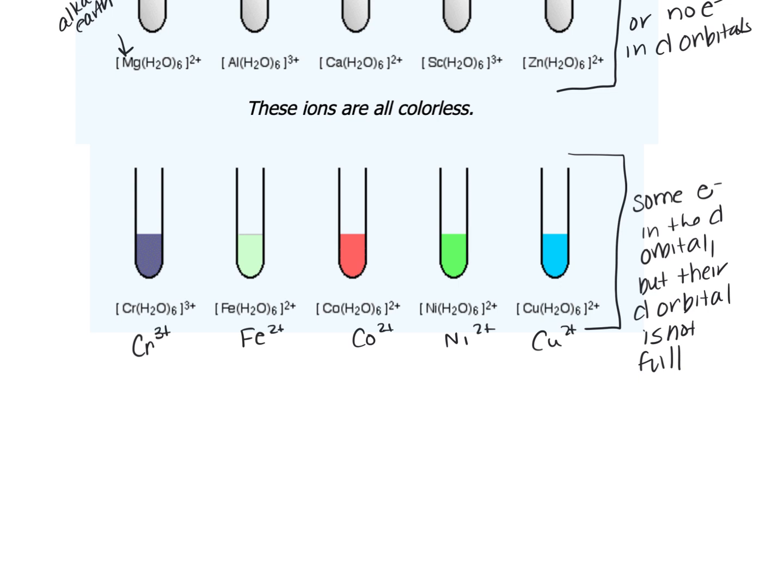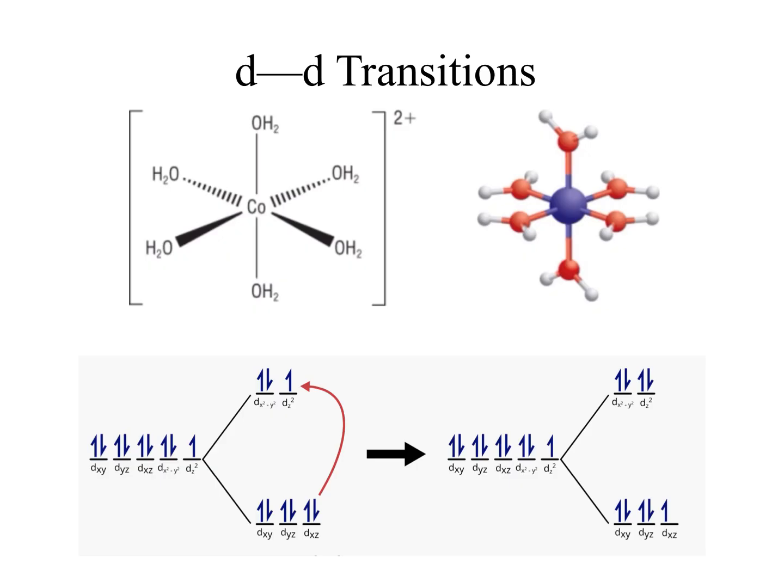Well, the reason is if you have a partly filled d orbital, the atom can undergo something called d to d transitions, right? And so I want us to look at cobalt. So when cobalt is complexed with water, which I'm showing here, it forms this structure, and this is an octahedral complex, okay? And it has 6 ligands that are located around it.